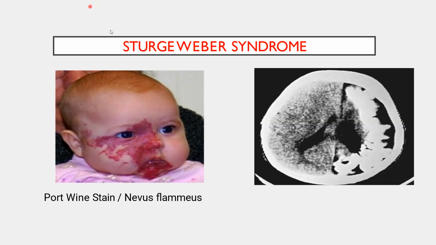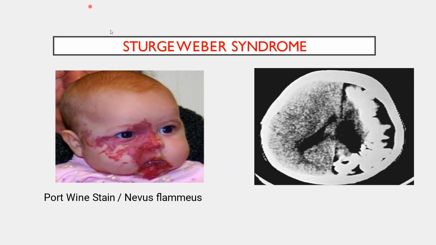Where will you see it in CT? Sir, bleed, sir. Bleed or fluid? Sir, calcium. Angiomas, blood vessels, sir. Calcium usually. Okay, this is calcification. Tram track calcification. This is also called the tram track sign.